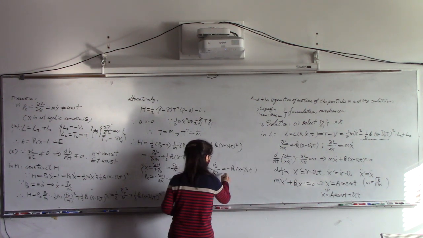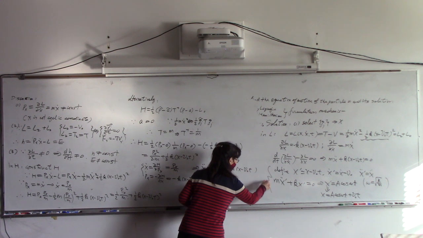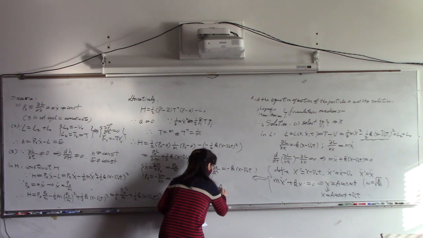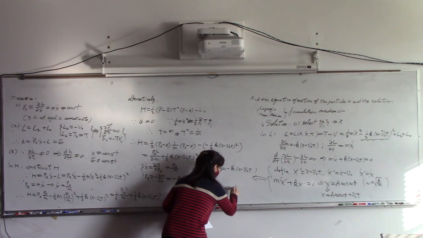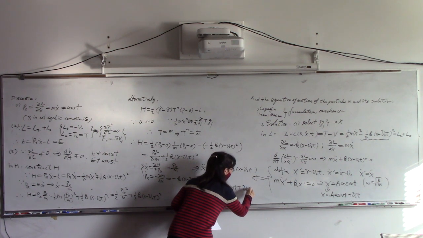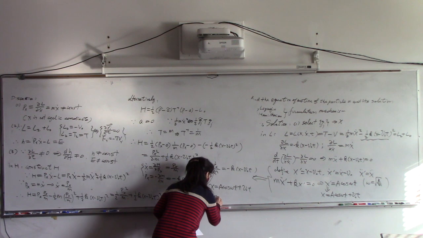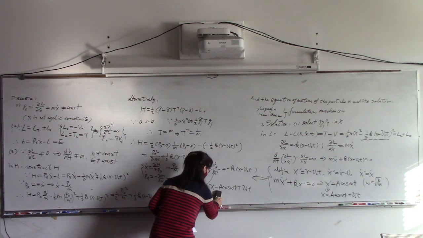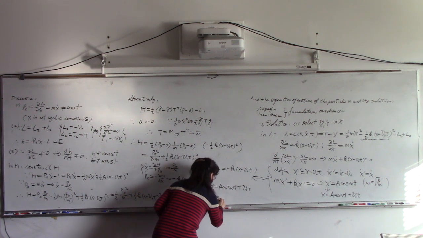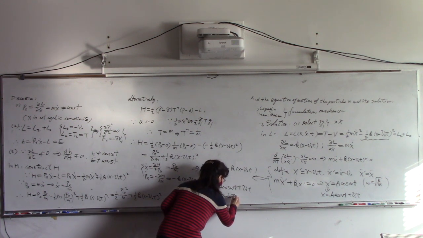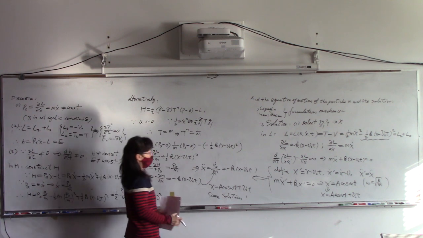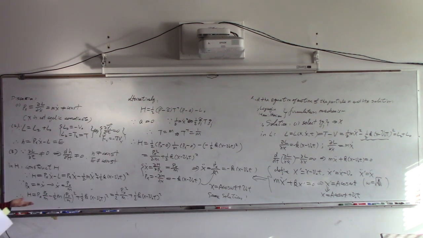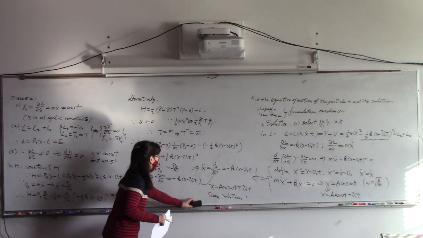So you can see the solution. If we use this one, come to here, do the same thing, finally the solution is the same thing, x plus v naught t. Same solution. That means whether you use the Lagrangian or the Hamiltonian, it will give the same answer.